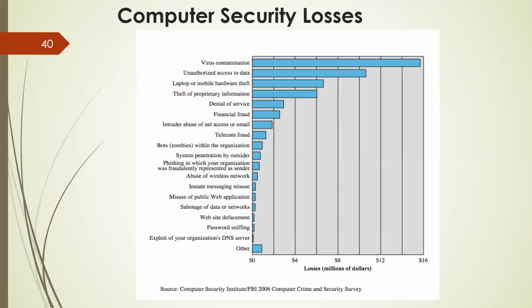Unauthorized access to data, laptop and mobile data theft, theft of proprietary information, denial of services, financial fraud, and there are so many others, all the way to exploits, password sniffing, and also exploits of other organizations' DNS servers.